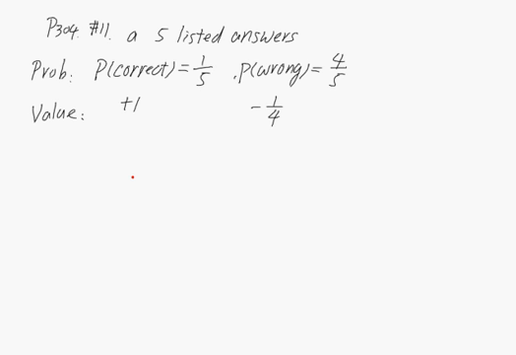Now to find the expected value in part A, when you have 5 listed answers and you just guess: the expected value is 1 times 1/5 plus -1/4 times the probability of the wrong answer, 4/5. You cancel this 4 and this 4, so you get 1/5 and -1/5. So this is equal to 0.